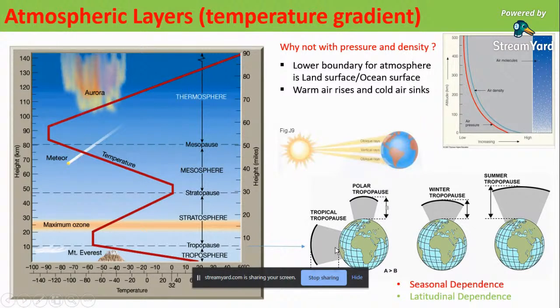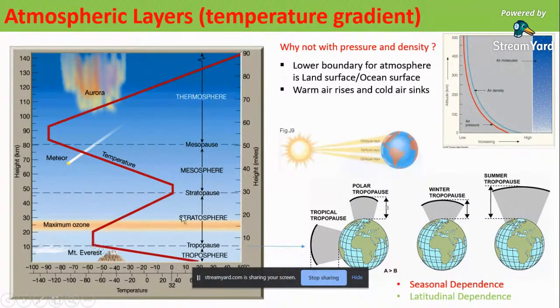However, in summer, the highest tropopause height will appear either at the equator or at the poles. And coming to the different layers of the atmosphere, the troposphere contains most of the weather, such as clouds, rain, and snow, because it is directly influenced by the Earth's surface.